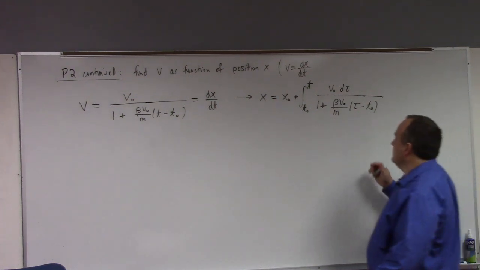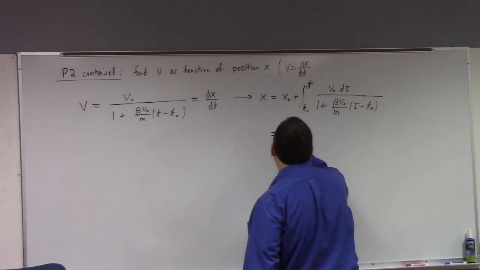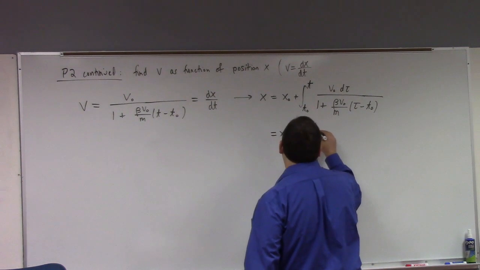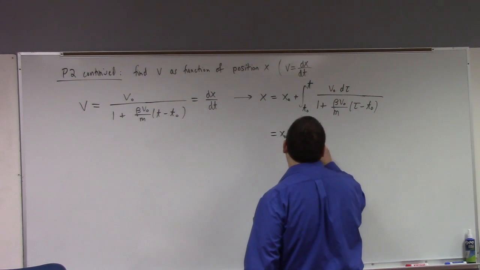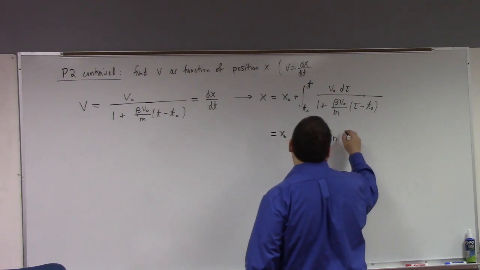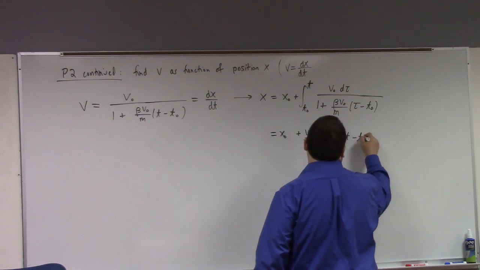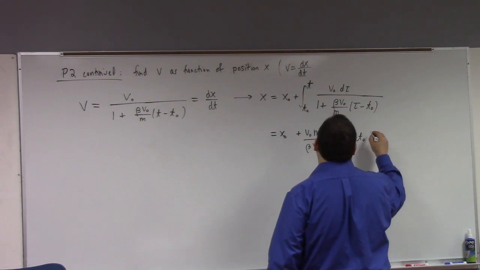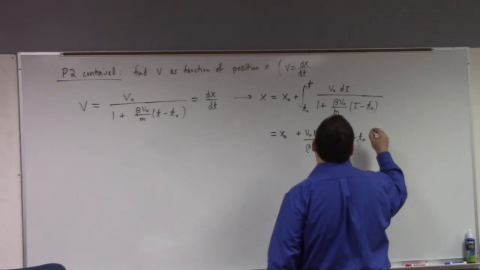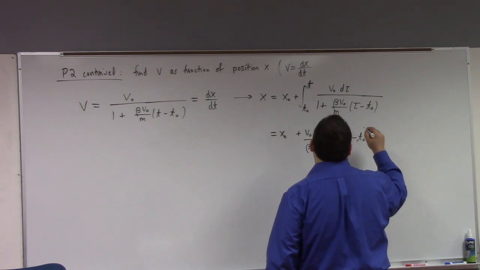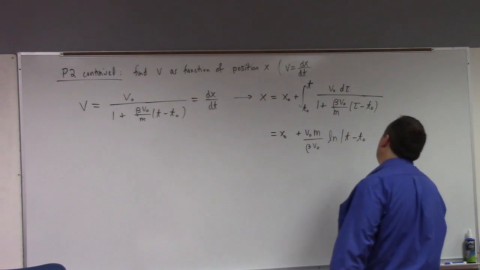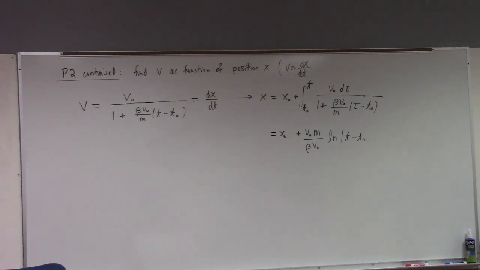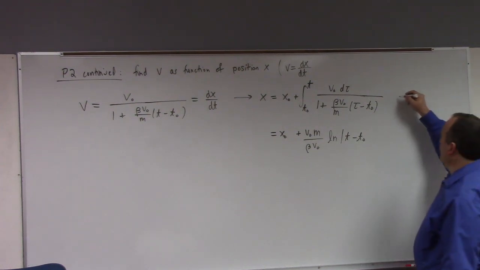What is this? Well, x naught plus v naught times m over beta v naught, natural log of the absolute value of t minus t naught. Oops. Oof. Oh, phew. Yowzers, I was like, oh man, this is bad. This is 0 when I plug in t naught. But what am I not doing correctly?